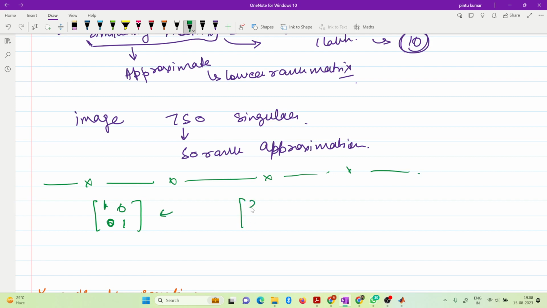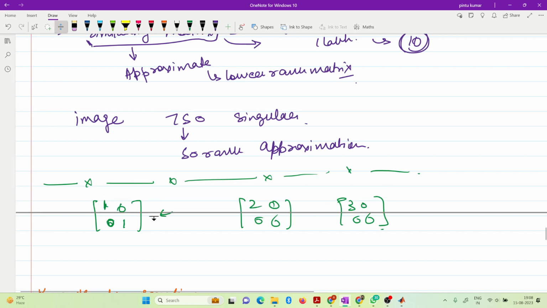If I write, let's say 2000 or 3000, this is some approximation to this matrix. But we need to analyze how good or how bad an approximation it is. Any arbitrary matrix would be an approximation to some other matrix, but we need to find the quality of it.